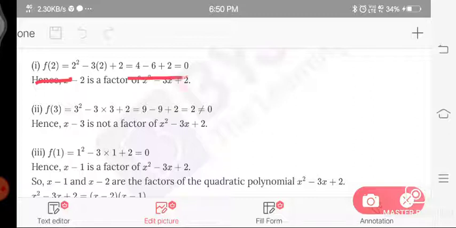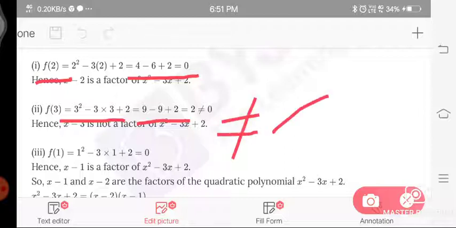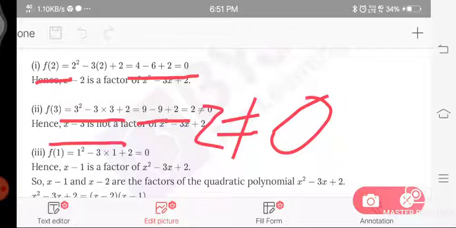So it will be 4 minus 6 plus 2, which is equal to 0. It means x minus 2 is a factor of x square minus 3x plus 2. Then we take x is equal to 3, so f(3) is equal to 9 minus 9 plus 2, which is equal to 2 and not equal to 0. So x minus 3 is not a factor of this polynomial.